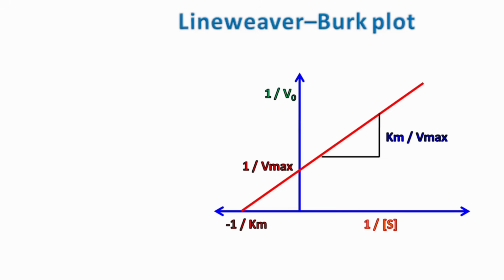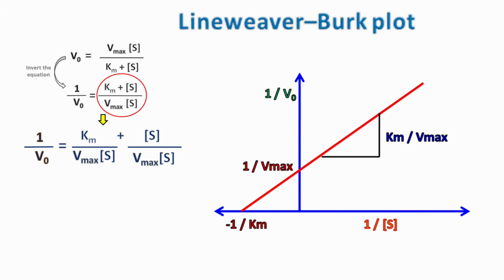This is the Lineweaver-Burk plot. How is it achieved? Let's see. As I told earlier, this is the equation of the Michaelis-Menten model: V0 equals Vmax multiplied by substrate divided by Km plus substrate.